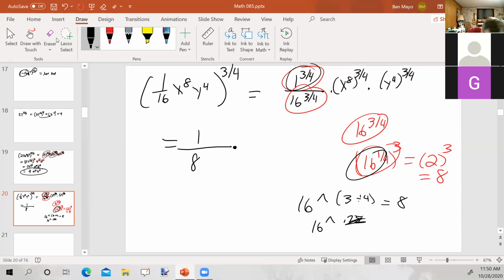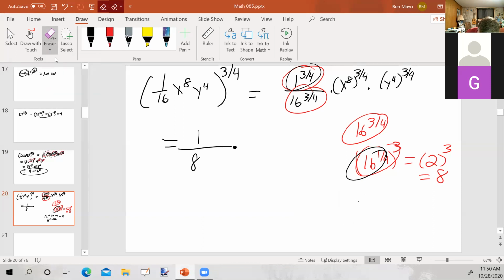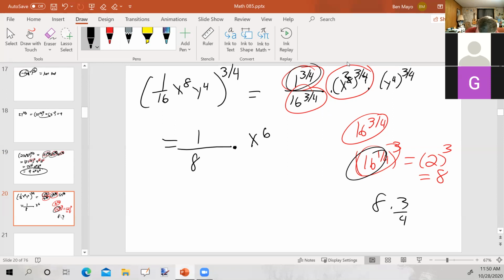Let's clear those. So now let's deal with that. Well, what's 8 times 3/4? Couldn't I reduce this down and get 6? 8 times 3/4.